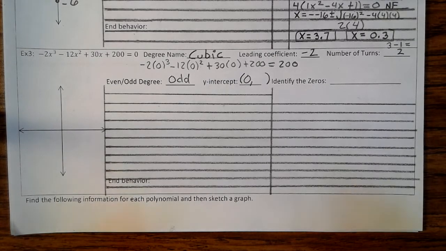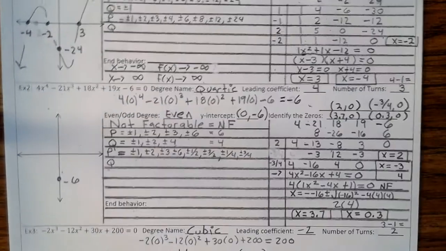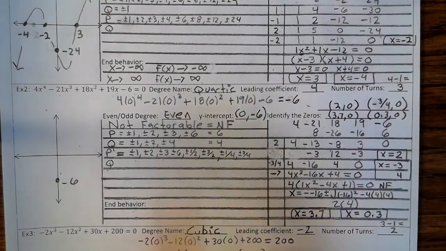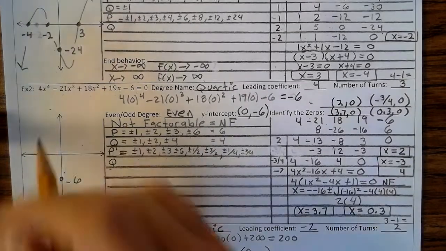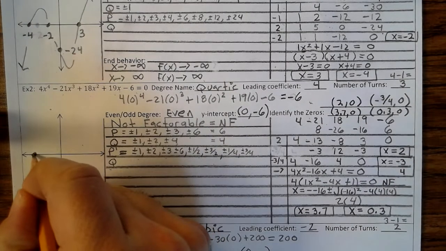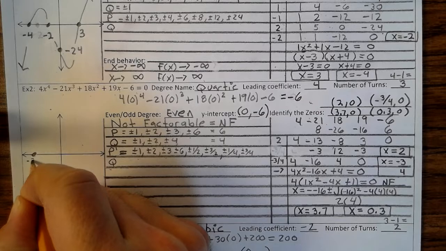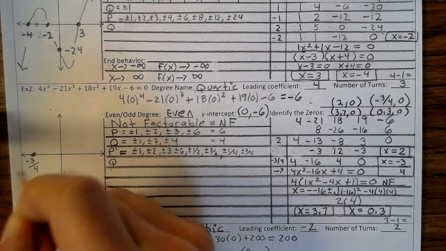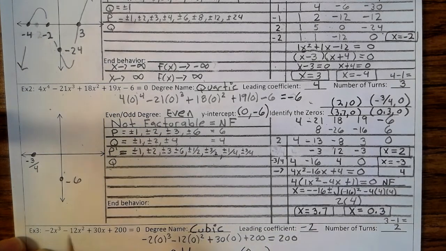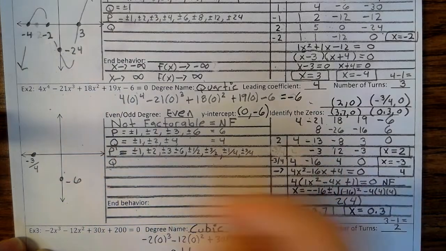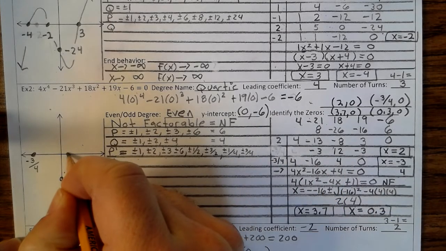Now, let me pause that for a moment because I almost forgot. With all that fun of getting all the zeros, we forgot to sketch our graph. Okay, so this is negative 3/4. This is 0.3.